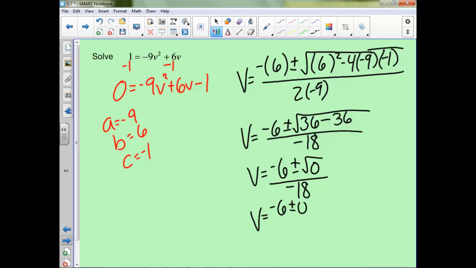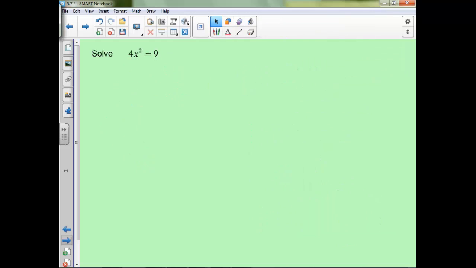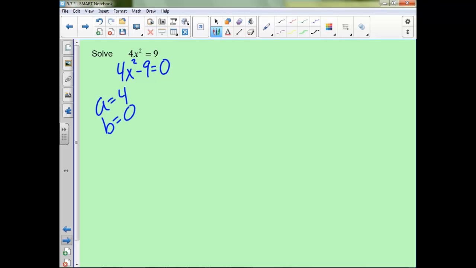Root of 0 is 0 over 18. Notice adding or subtracting 0 is not going to do anything. On this one, we still need to get everything on the same side. Notice now our A is 4, our B is 0, and our C is negative 9.